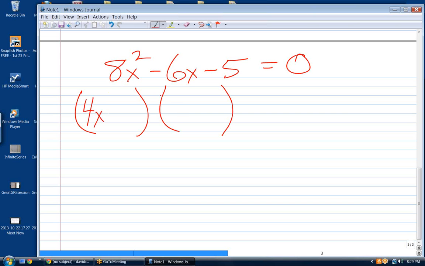I don't know what the answer is. That's what my starting spot's going to be, because 4 and 2 are closer together than 8 and 1. Okay. Now, when I examine that, I know the signs have to be opposite. But in this case, because the coefficients are different, I have to allow that they might be like this also.